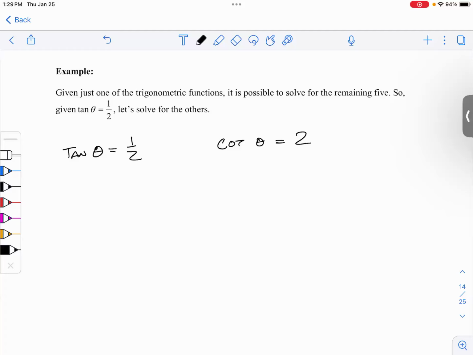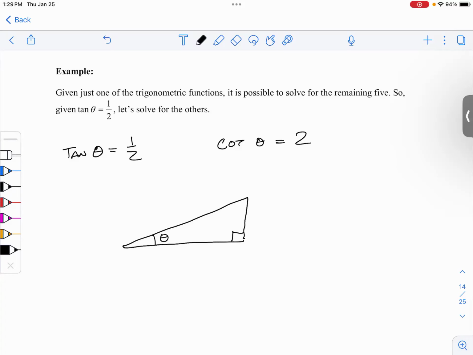Now, we can use the fundamental identities to find the remaining ones. But the other thing, don't forget that this is a triangle. There are really 2 ways to do this. I could solve this with the identities and the reciprocal functions. But a lot of times, do the easy thing and make your triangle.